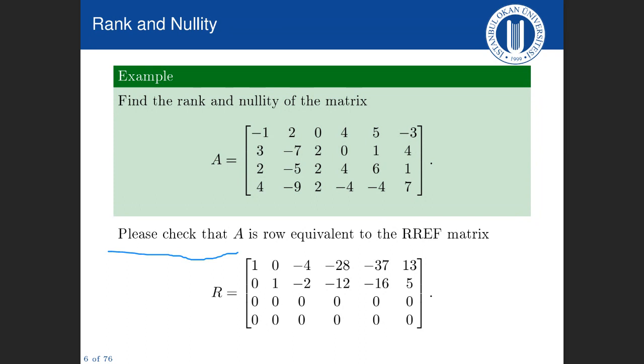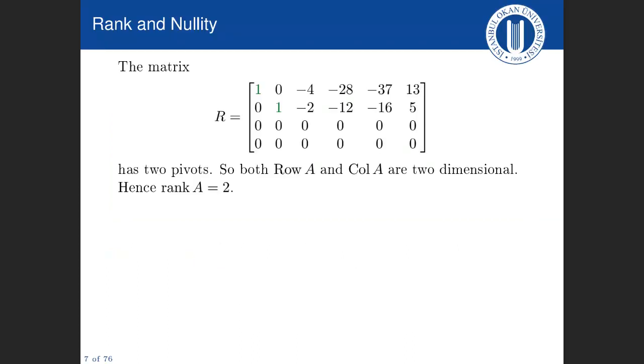Capital R has 2 pivots. That means the row space of A is 2-dimensional and the column space of A is 2-dimensional. So we can say that the rank of A is equal to 2.